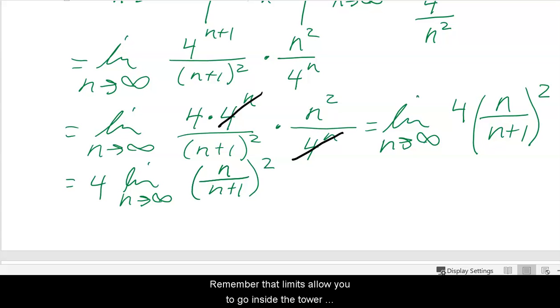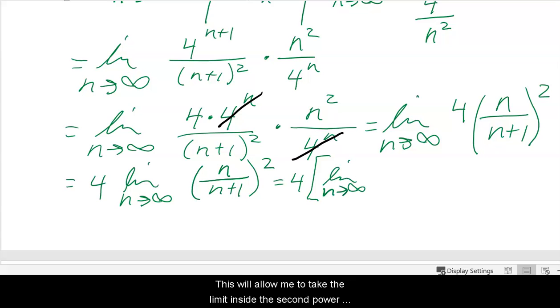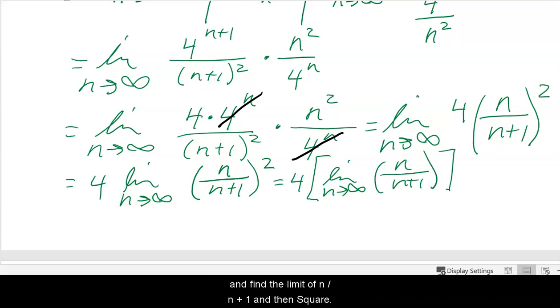Remember that limits allow you to go inside the power, which means I can actually put the power after I do the limit. This will allow me to take the limit inside the second power and find the limit of n divided by n plus 1 and then square it.